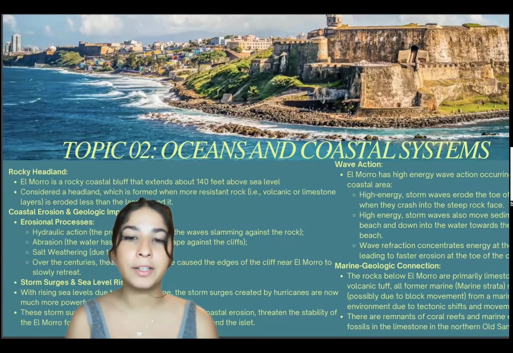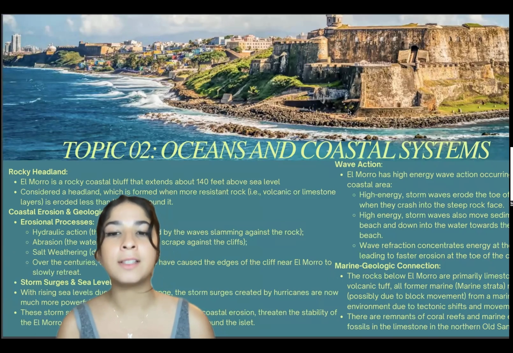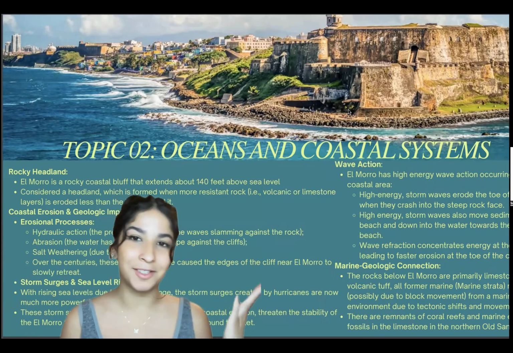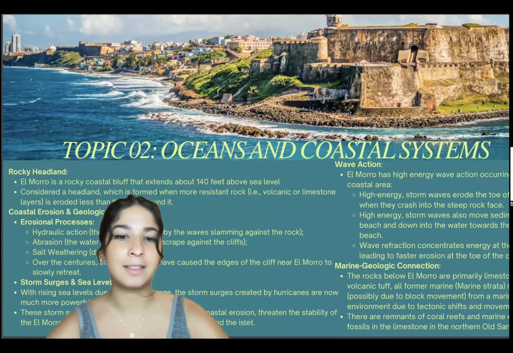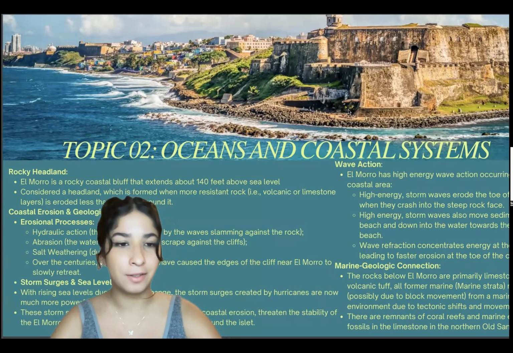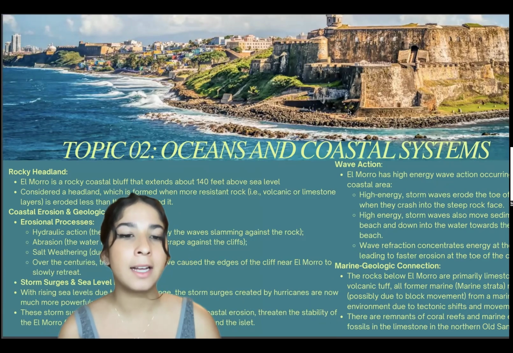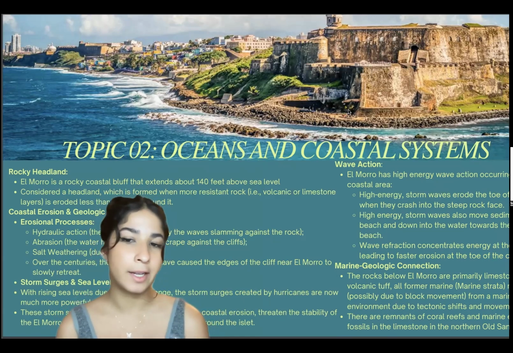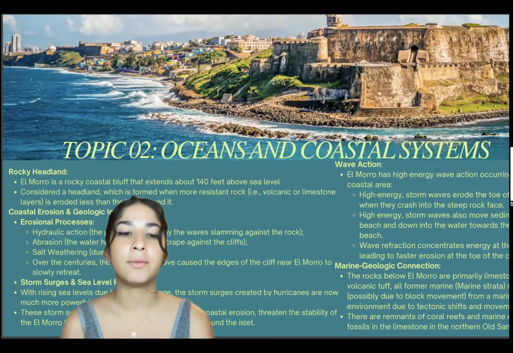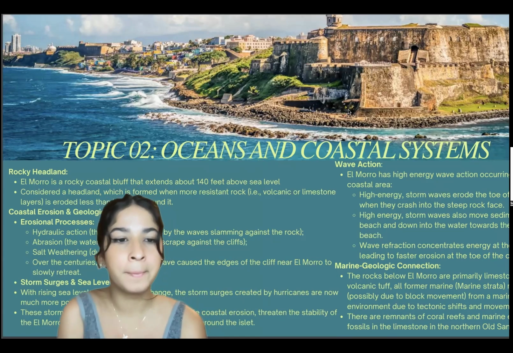For topic number two, I chose oceans and coastal systems, of course, because it's right next to the ocean. El Morro is a rocky coastal bluff that extends about 140 feet above sea level. It's considered a headland, which is formed when more resistant rocks, like volcanic or limestone layers, are eroded less than the land around it.